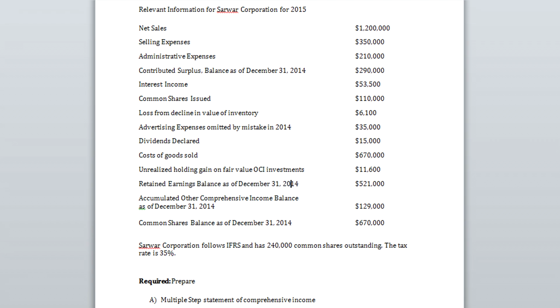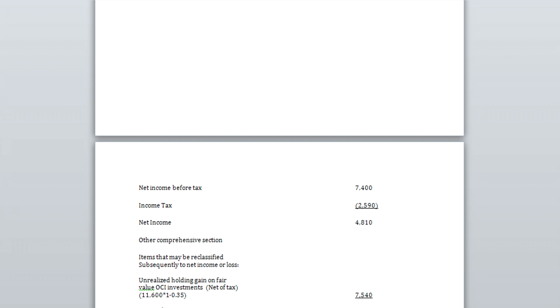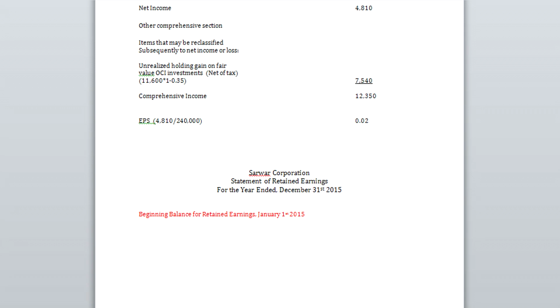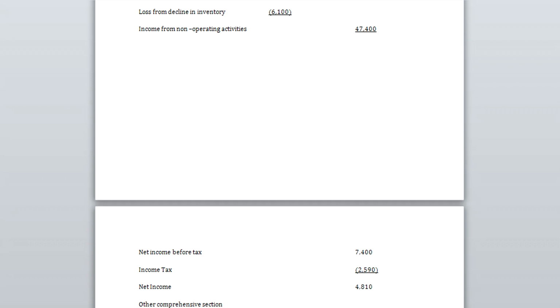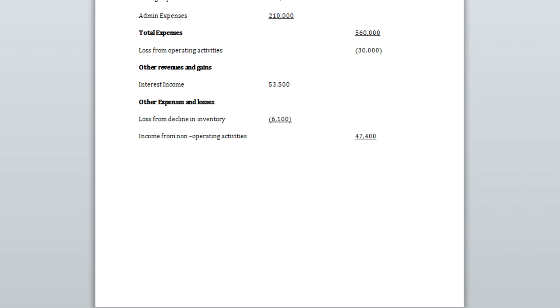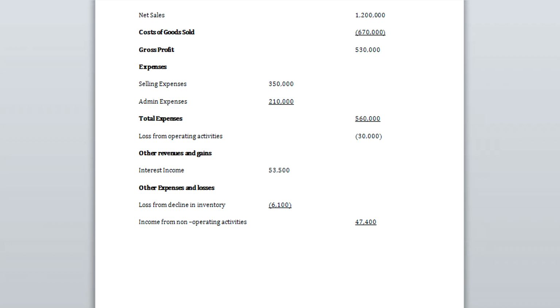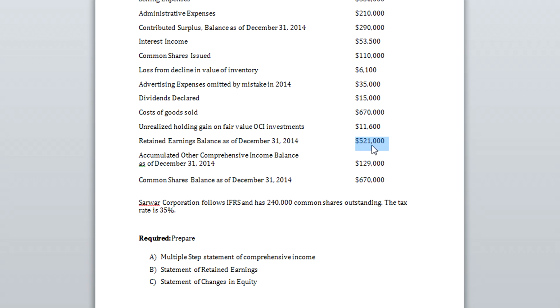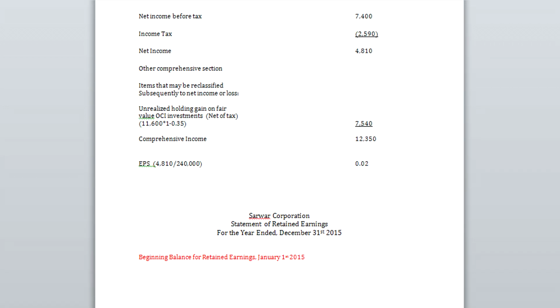Now, for our purposes, the balance as of December 31st, 2014 and the balance as of January 1st, 2015 is literally a day. We're assuming nothing happened in between and that it's the same number. So the beginning balance is going to be $521,000. So we'll put that right in the statement here.